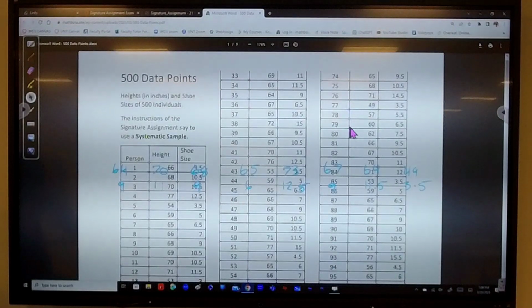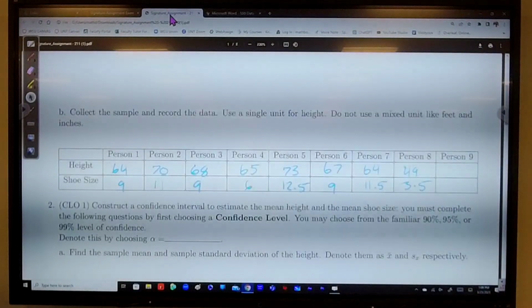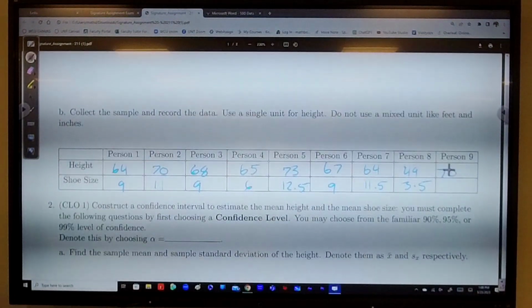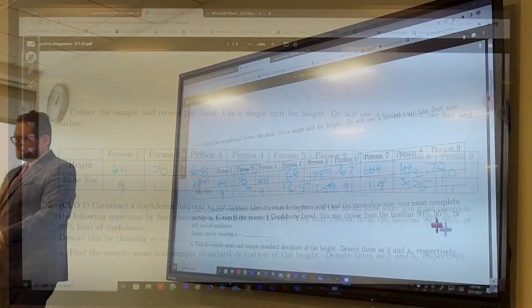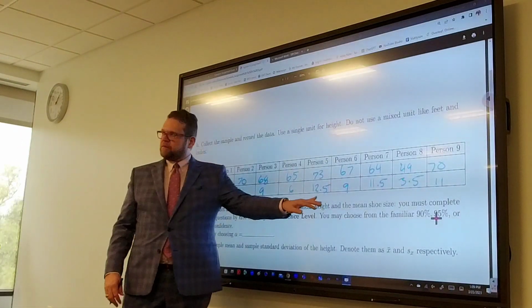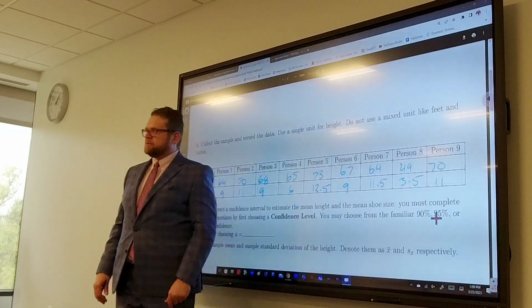And then finally 83, 70 and 11. All right, so now I've got all 9 of my data points.